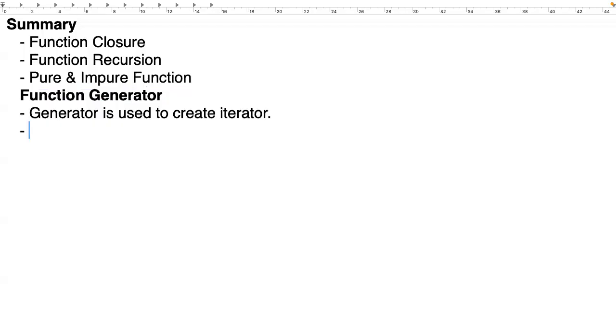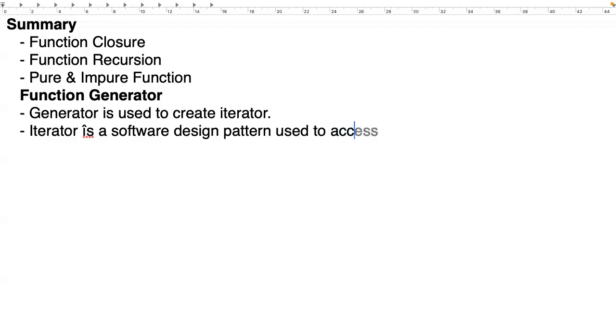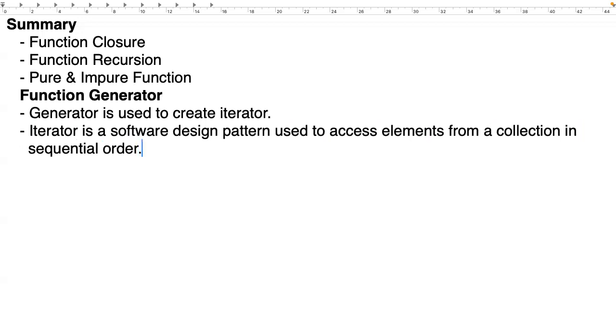What is an iterator? Iterator is a software design pattern used to access elements from a collection in sequential order.